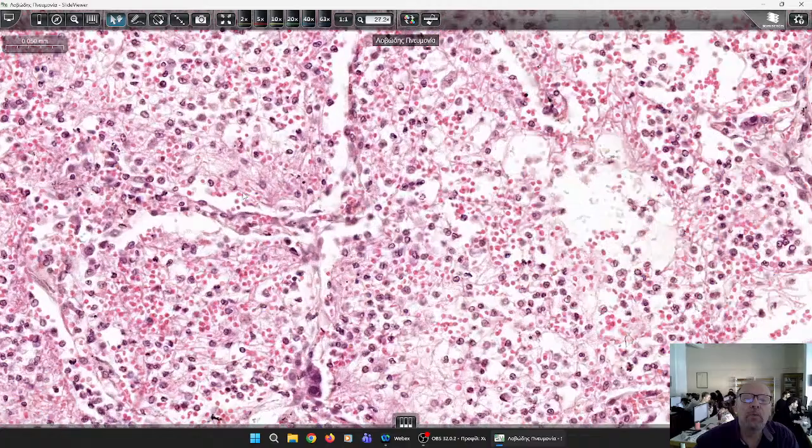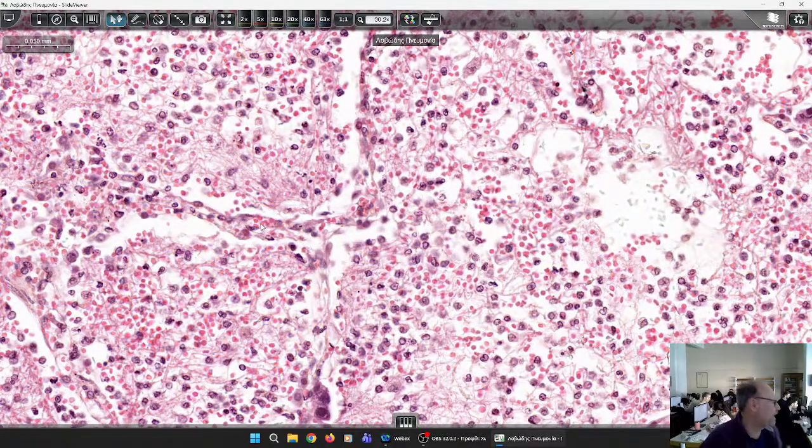See how congested they are. Congested. That means much blood has come there. Why? In response to the stressful stimulus of the inflammatory agent, the agent that caused inflammation.